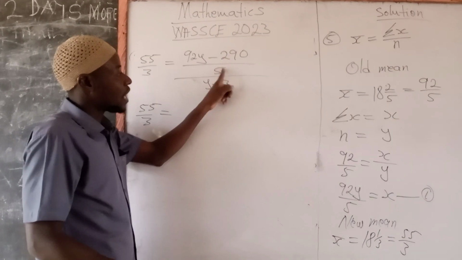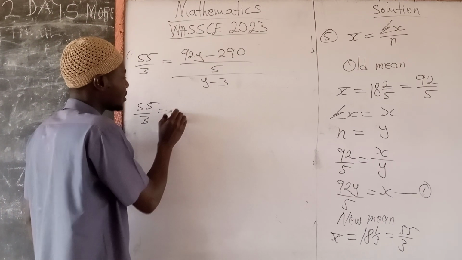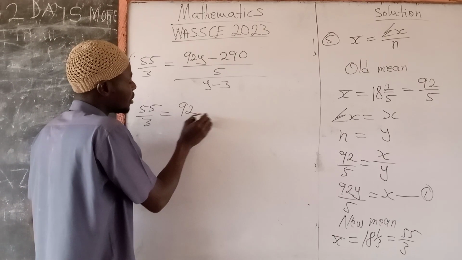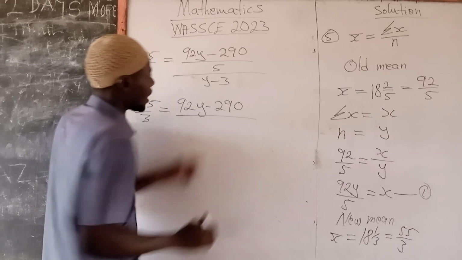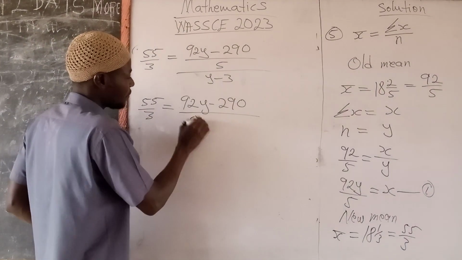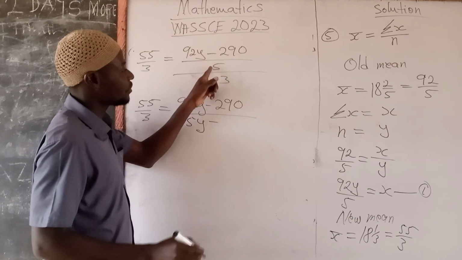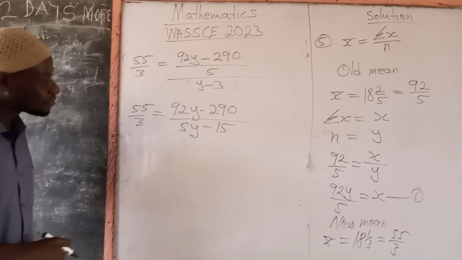So pick 5 times y. So we have 55 divided by 3 being equal to 92y minus 290 divided by 5y minus 5 times 3, 15. So you're going to have something like this.